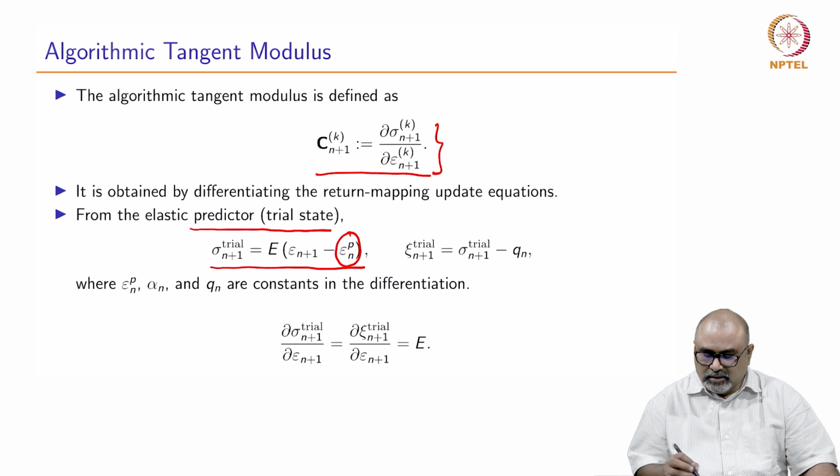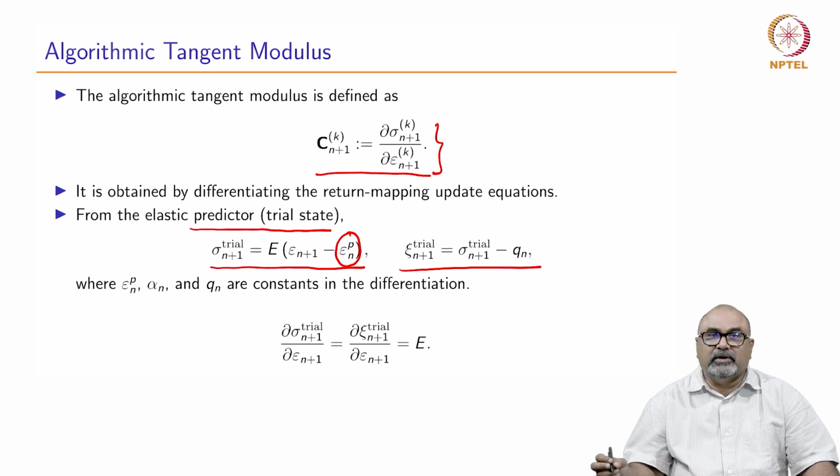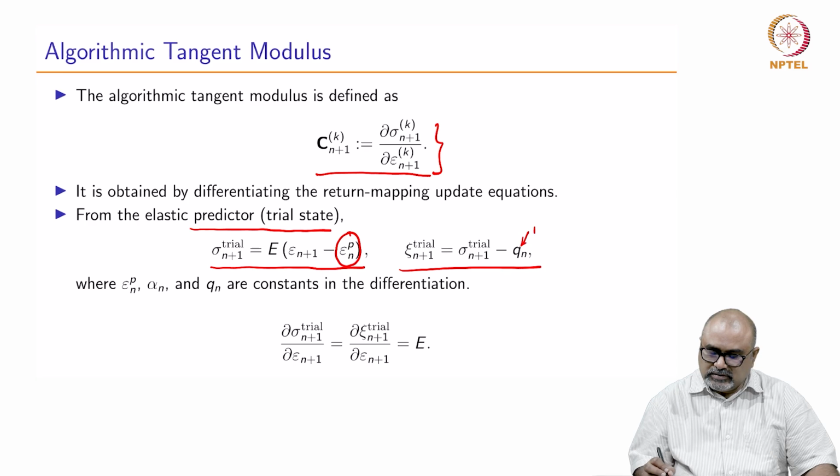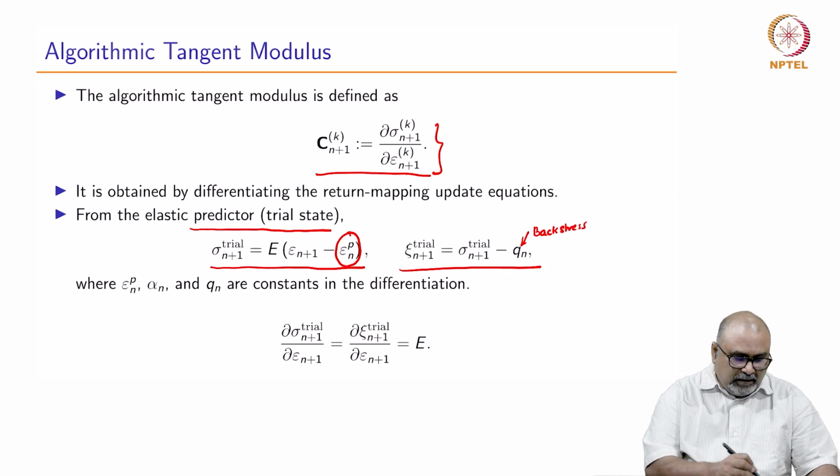Now, considering that we also have kinematic hardening, one can define an effective stress or a reduced stress by defining a back stress. So, this is the back stress, and we have ξ_{n+1} trial equal to σ_{n+1} trial minus q_n.